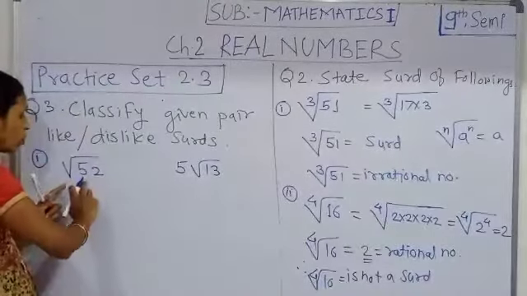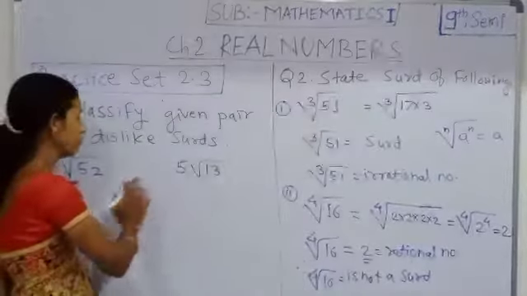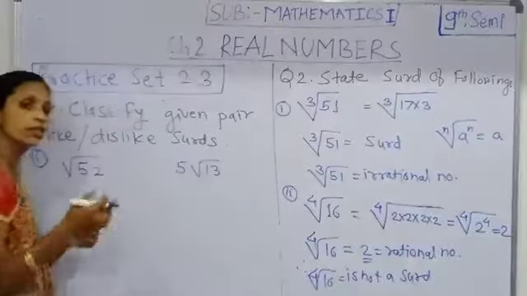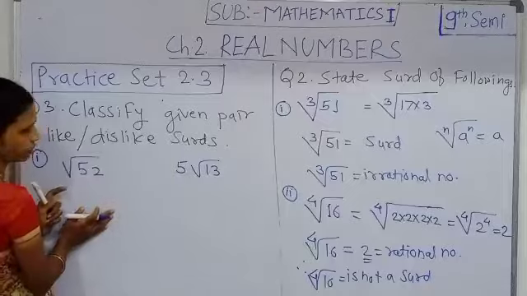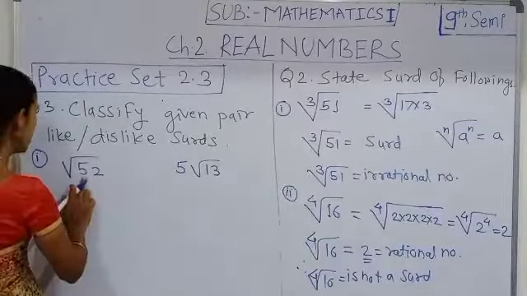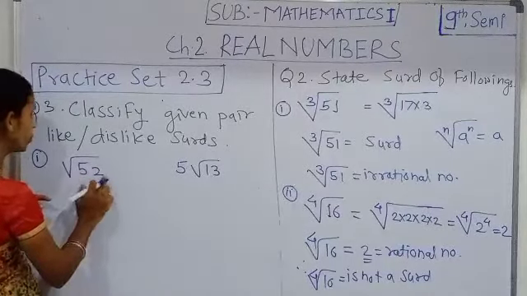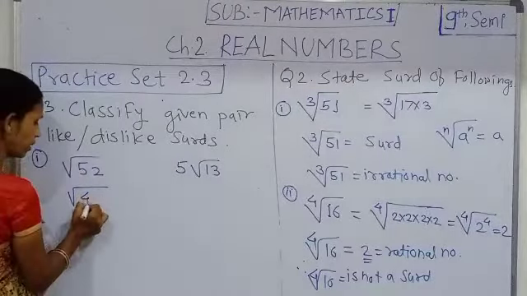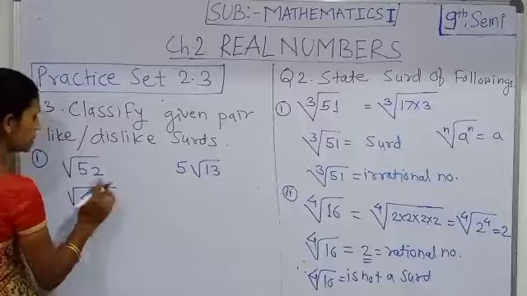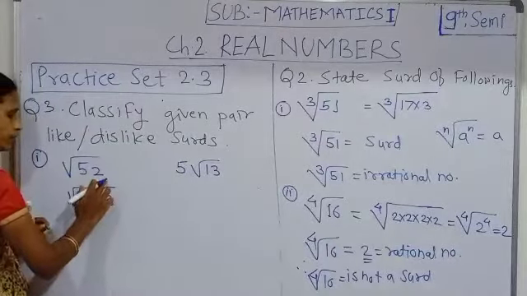We have to first convert those surds into their simplest form. Root 52, see here, is 4 into 13, that means 13 fours are 52.